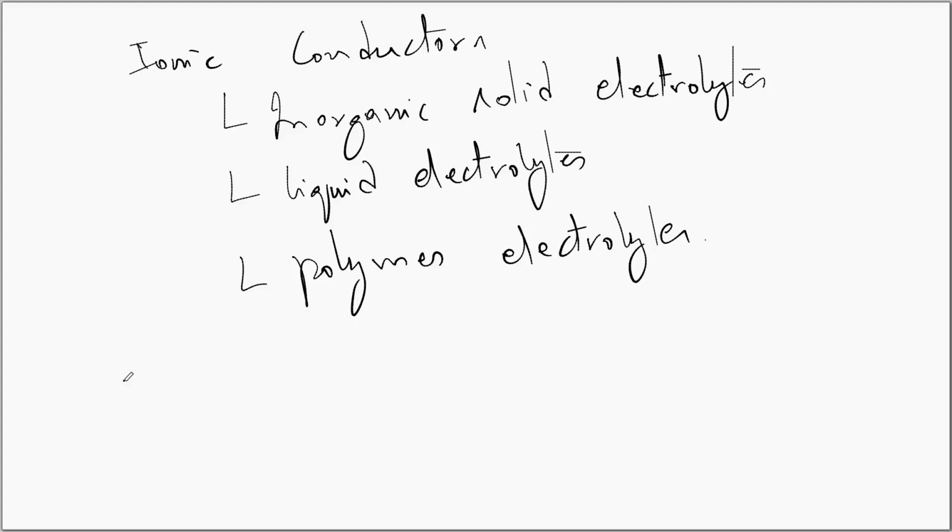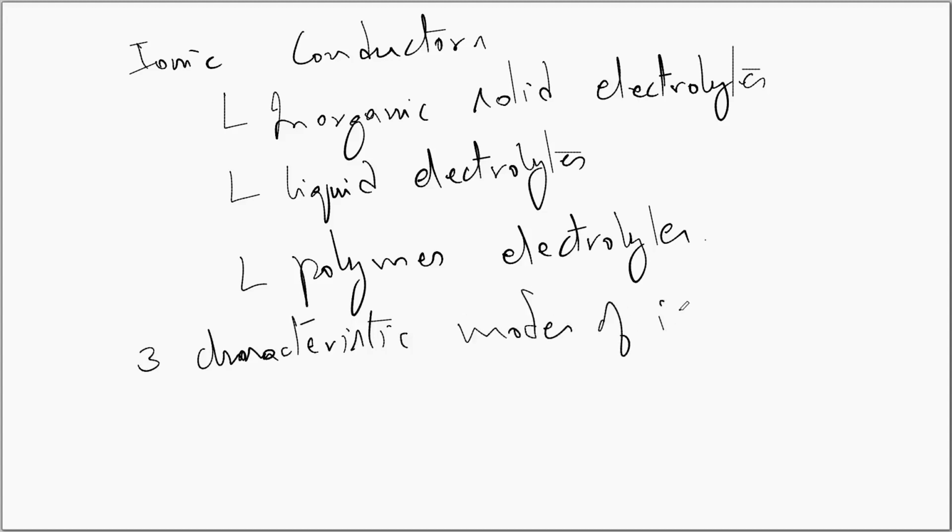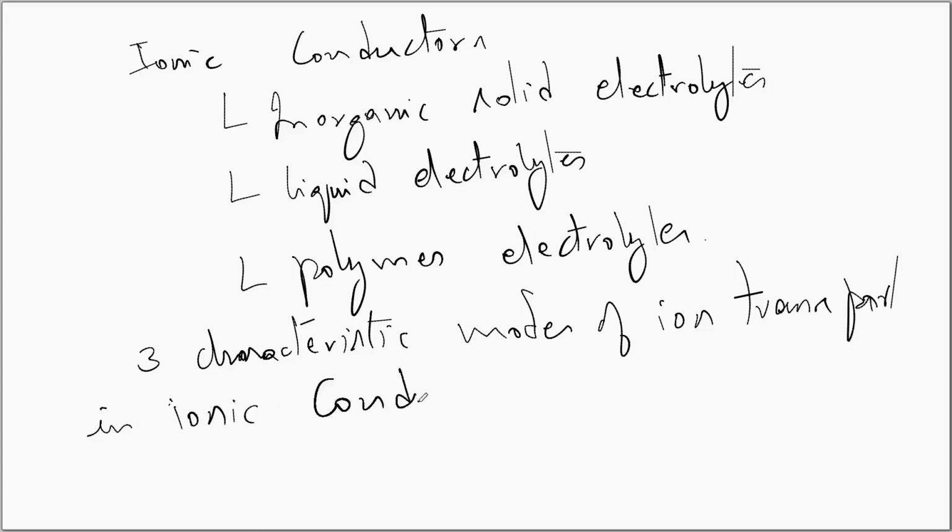Now we shall discuss the ion transport mechanisms. There are three characteristic modes of ion transport in ionic conductors. The first one is migration.